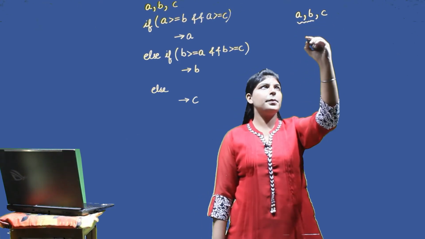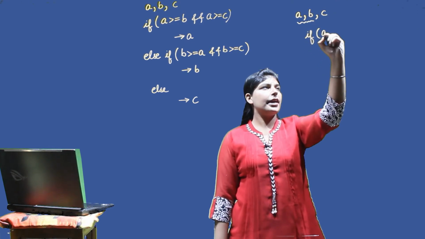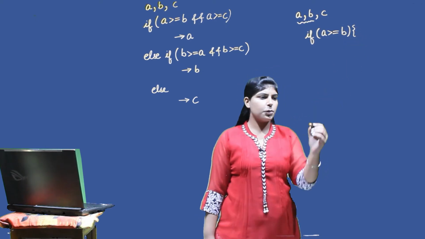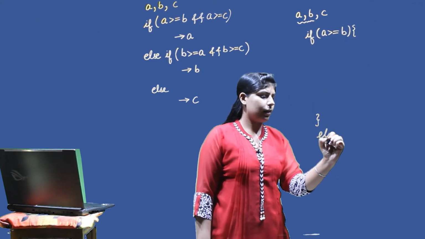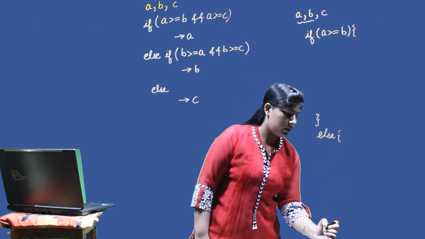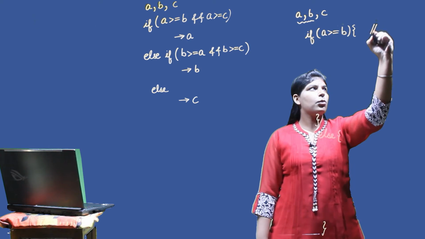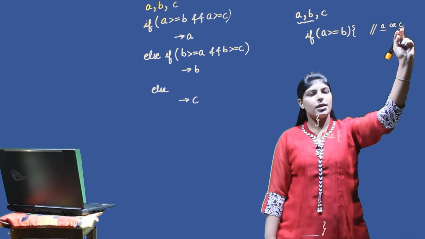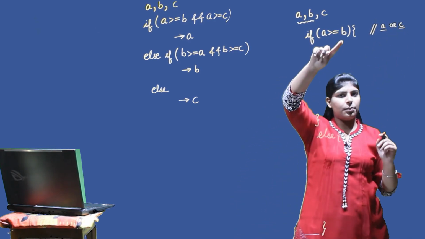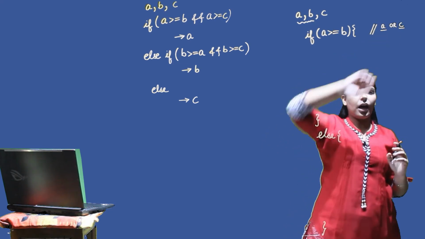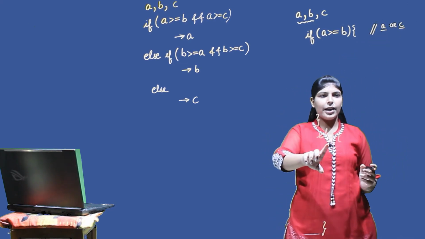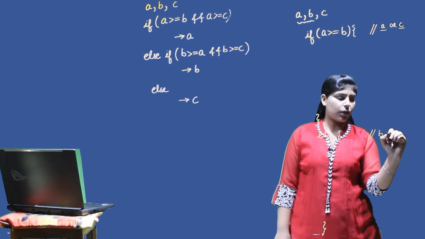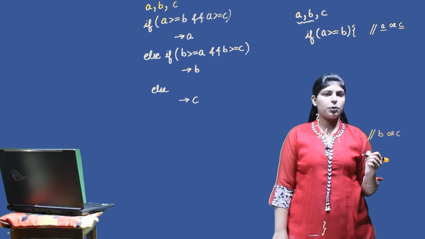If I compare only A and B, I can write the condition as if A greater than or equal to B, and this is the block where A is greater than or equal to B, and else A is less than B. So now I will enter this block only if A is largest or C is largest, because we haven't compared B with C. I know that B cannot be the largest in this case, but A or C, either of them could be larger. Similarly, in the else case, I know A is not the larger number, but B or C are not compared. So out of these 2, any of them could be larger.